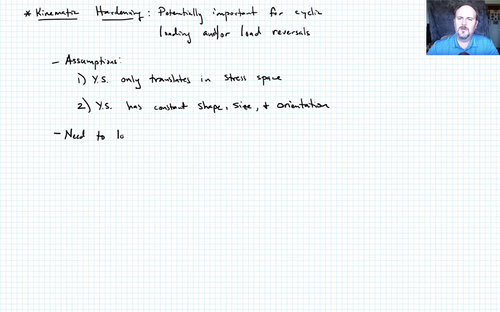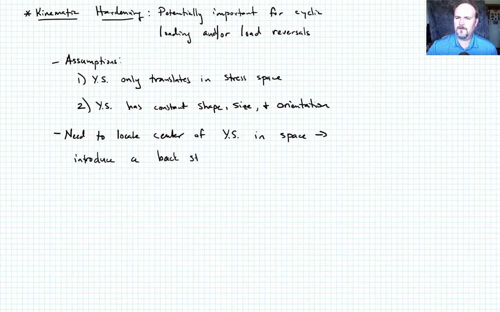How do we do this? We introduce a backstress tensor that we call alpha, that gives the "center" of the yield surface. I'm putting center in quotes because it doesn't have to be symmetric, but it locates the origin of the yield surface.